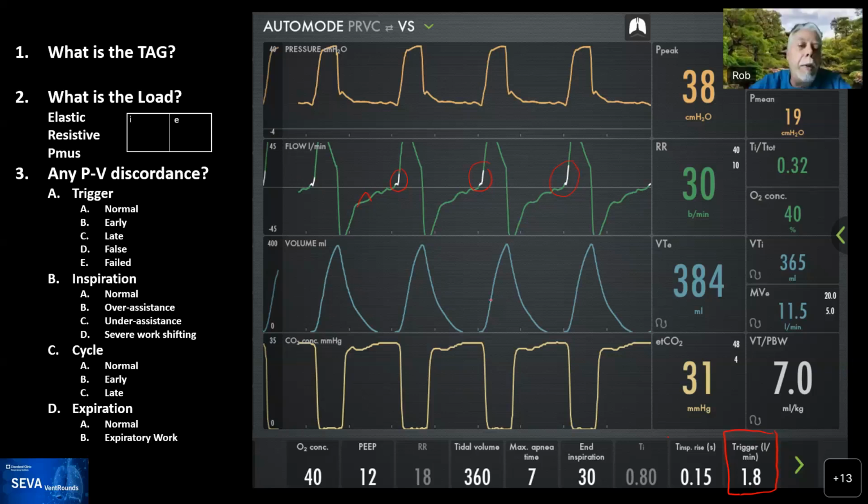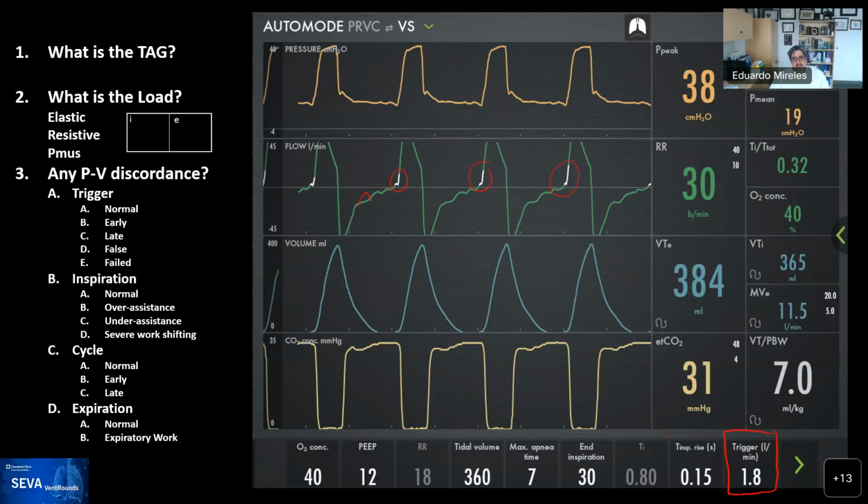So there would be auto PEEP if you did an expiratory hold at that point when they made the effort. Yes, but it's caused by over assistance, not by the classic auto PEEP that you would consider. Yep. Thank you for highlighting that difference.